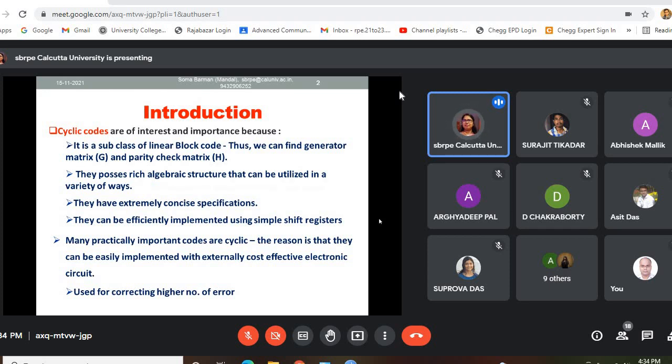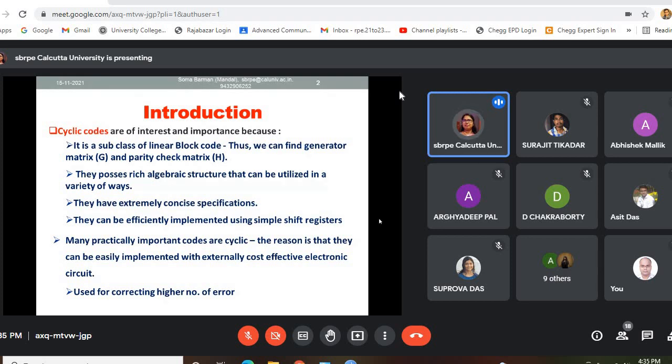The construction is just by means of a shift register and the modulo operation or XOR operation. And as the specification is very concise, it is easy to implement in a cost effective way.